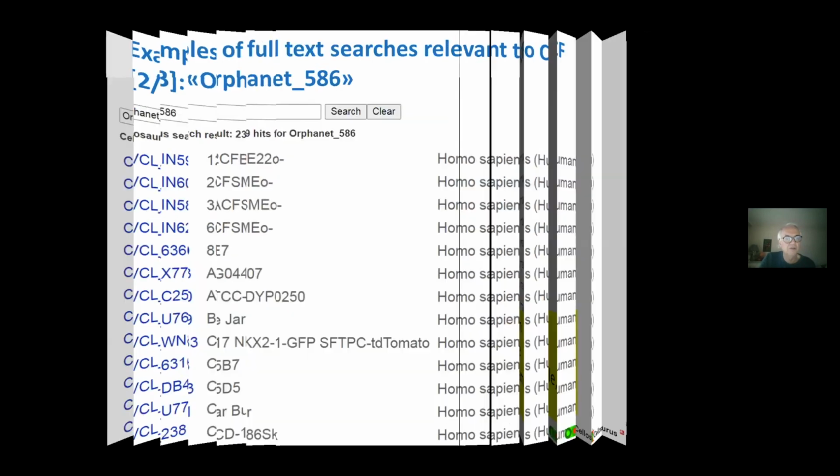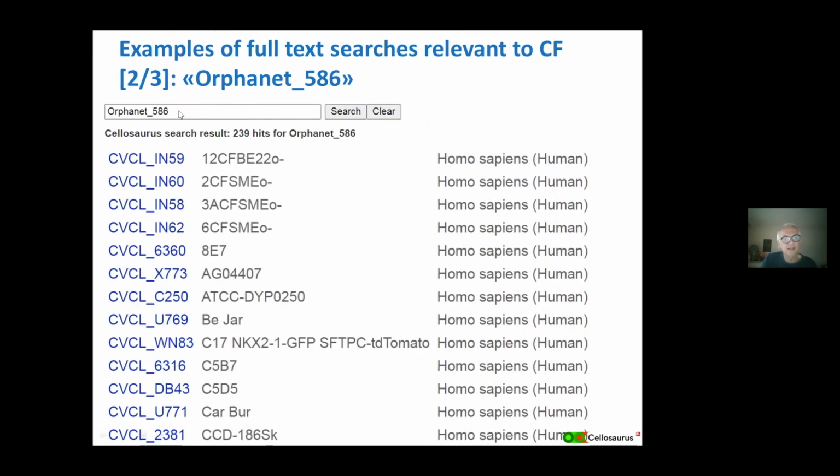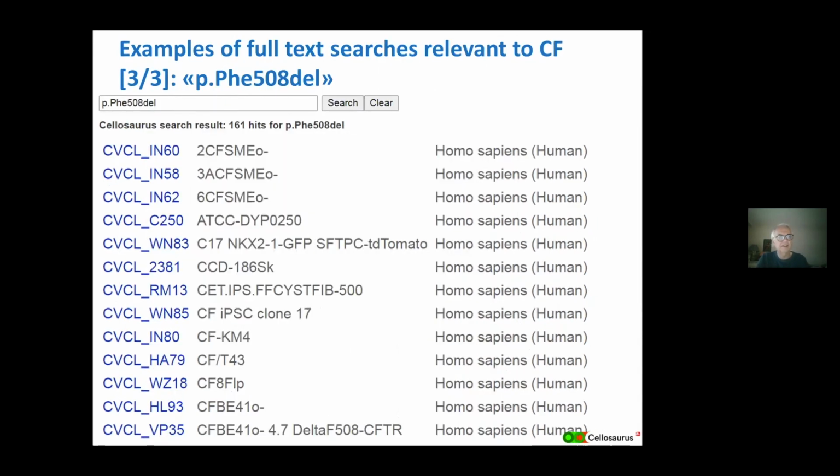And if I do the search with Orphanet 586, from the classification of diseases, then I get 239 cell lines, which are specific to the disease. And of course, as I said, you can look for a sequence variation using the HGVS nomenclature. You could look for a ClinVar accession, basically any type of information which is inside the full text.